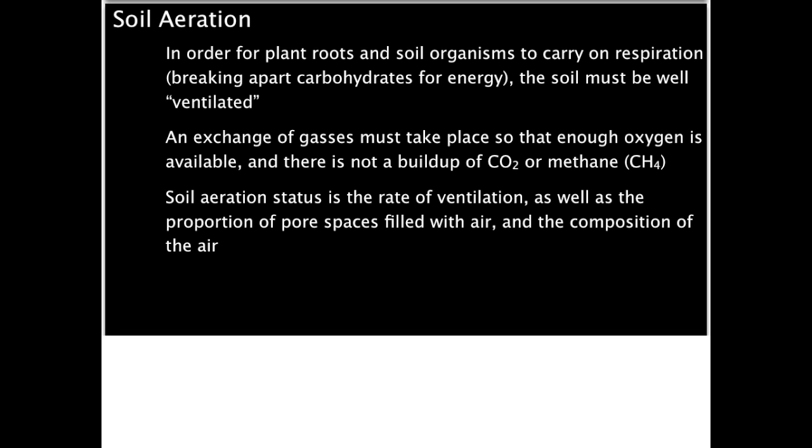When we think about soil aeration, what we're really trying to understand is how fast we are getting penetration of something like oxygen, higher oxygen levels, into the soil, and CO2 leaving the soil, and what's the makeup of soil air. If we zoomed into those pore spaces, what would we find? What's the composition of air in those cases?